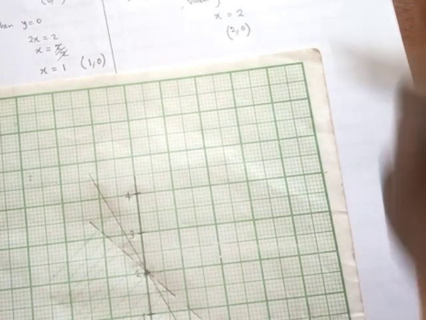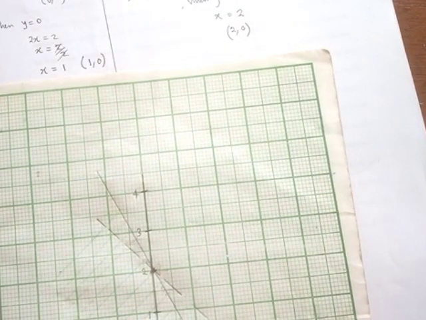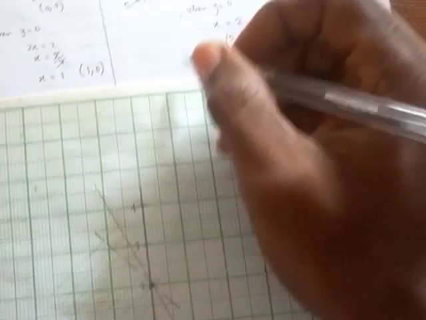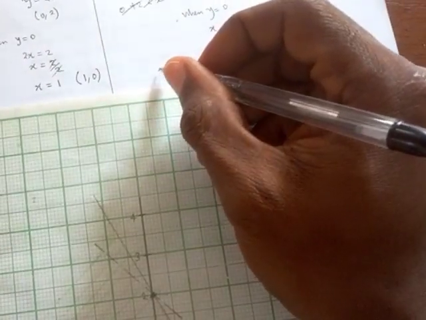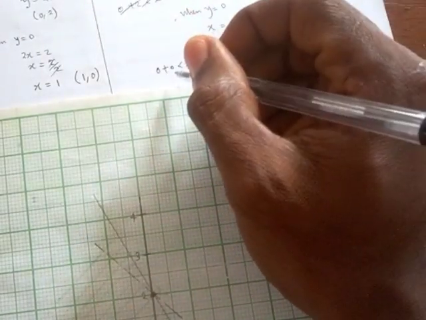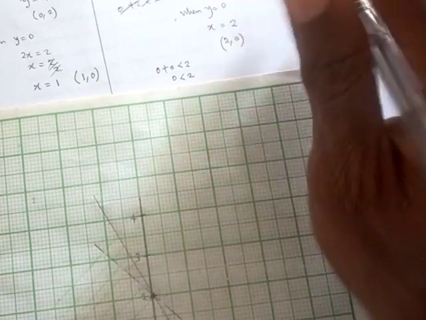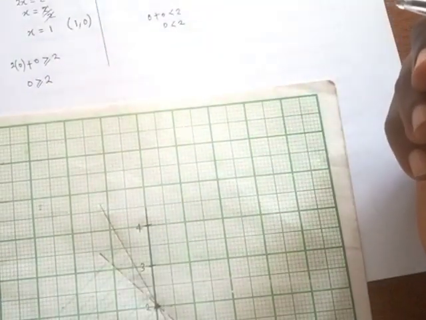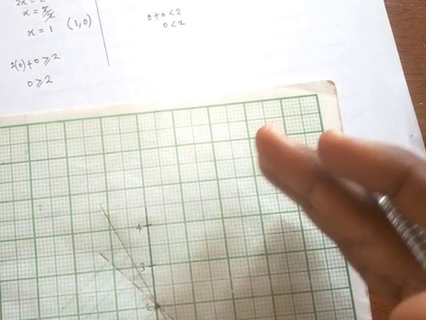Okay, so let's carry out that test. When x is 0 and when y is 0, 0 plus 0 less than 2. So we have 0 is less than 2. 0 is actually less than 2, so this is the region that talks about 0 is less than 2. So we're going to shade above that line.